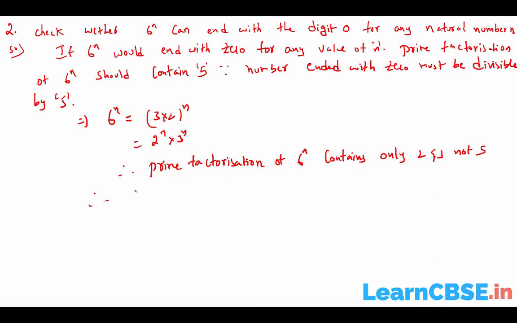Therefore 6 power n cannot end with 0 for any natural number n. Going for the next question.